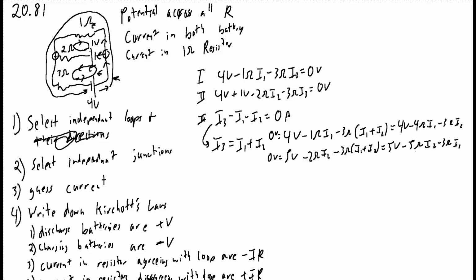Alright. So now I have these two equations here. These are our I1s here, and those are I2s. Oh, well, that's not very helpful. That's not the best way. That's not friendly. 3 and 5 are prime numbers, so there's not a lot of good choices here.